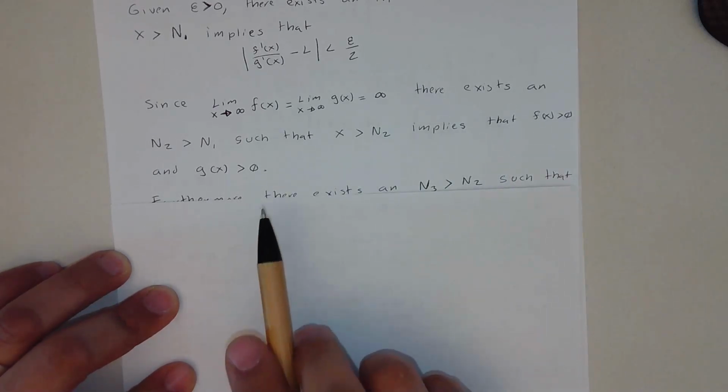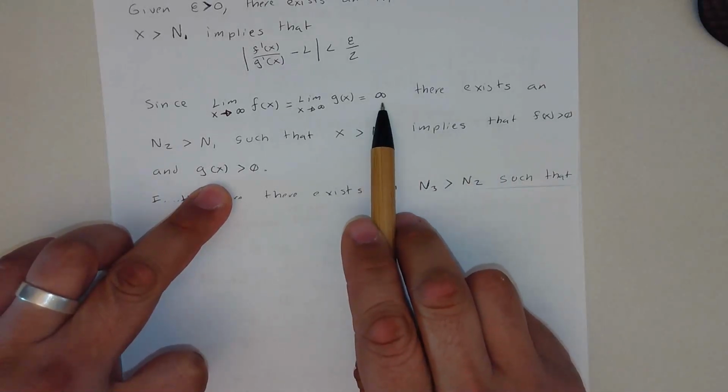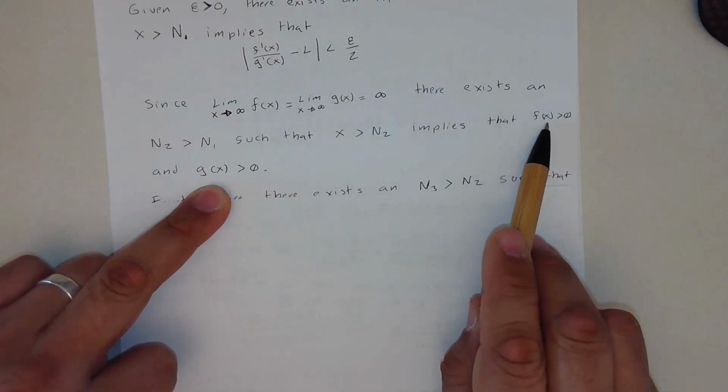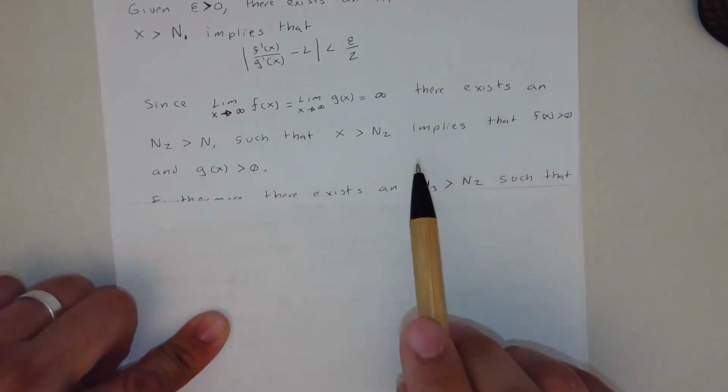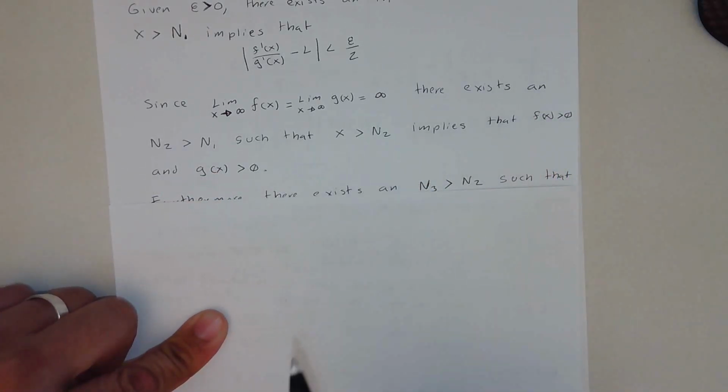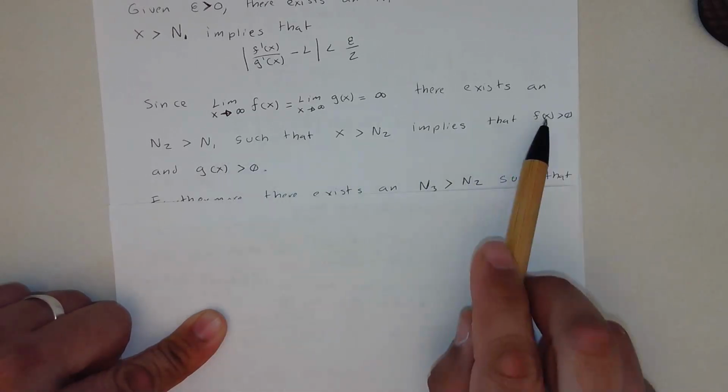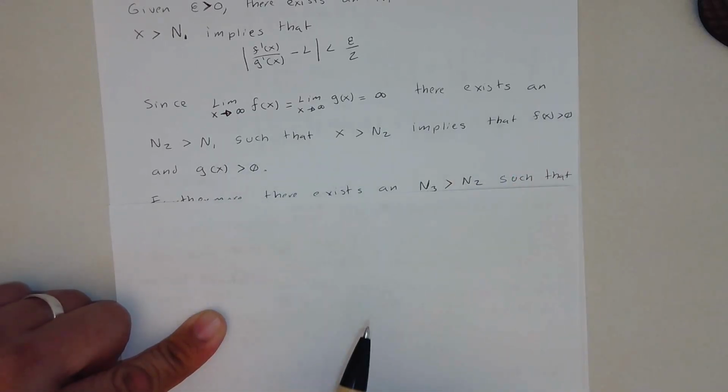Because these two functions are going to infinity, I can find a number x such that the evaluation of both will be greater than 0.